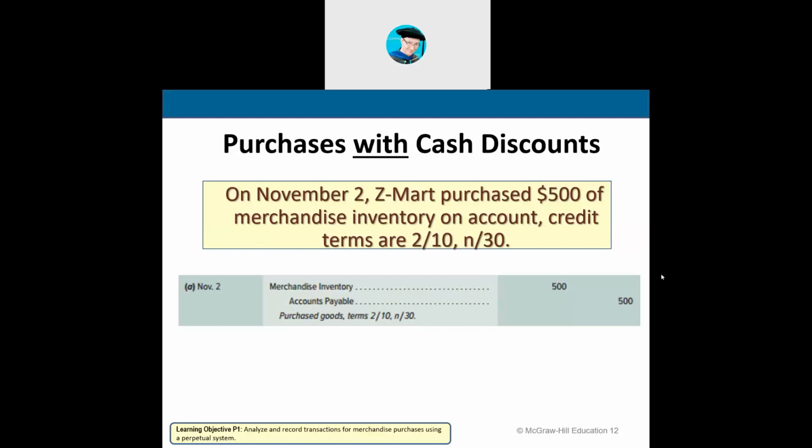The agreement is if you pay me early, I'll give you a 2% discount. The invoice says, hey, it's net 30, means it's due in 30 days. If you pay me early, within the first 10 days, I will give you a 2% discount on your total bill.